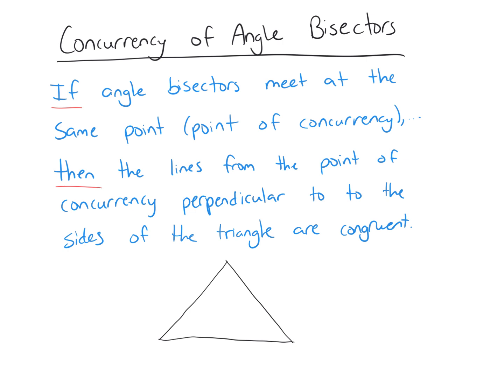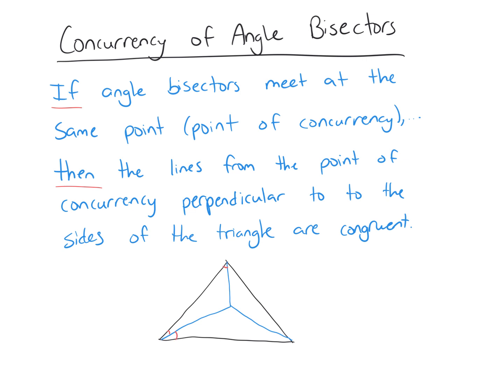If angle bisectors meet at the same point, well, what's an angle bisector? Splits an angle in half, right? So draw lines that split all 3 angles in half. How can you mark that it split those angles in half?